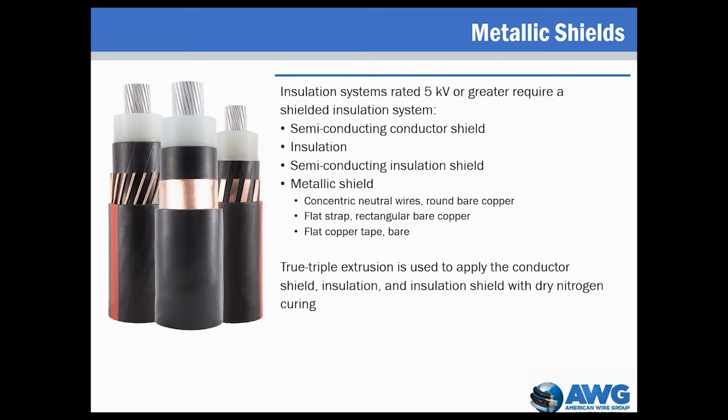This metallic component is referred to as the metallic shield and is typically one or a combination of the following: round bare copper concentric neutral wires, rectangular bare copper concentric flat straps, or flat bare copper tape. Other metallic shield possibilities include corrugated copper tapes, tinned copper components, or lead sheath. Our focus will be on the typical metallic shield constructions.